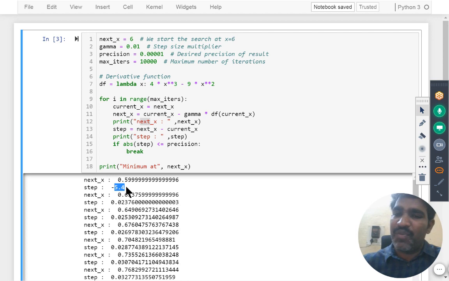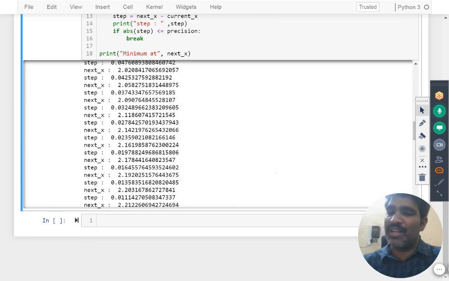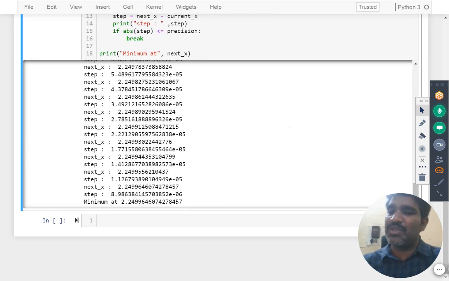Minus 5.4, it happened. Then is it executed really 10,000 times? Not executed really 10,000 times. Somewhere it is broken actually. That's why we are not seeing it 10,000 times. After these many steps, automatically it is broken and gives the minimum value, which is what? 2.2. So what is the step size at the minimum value level? 8.9 is the step size it has taken.